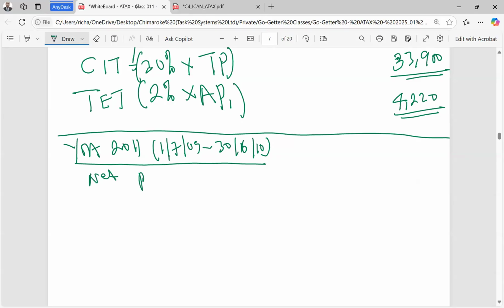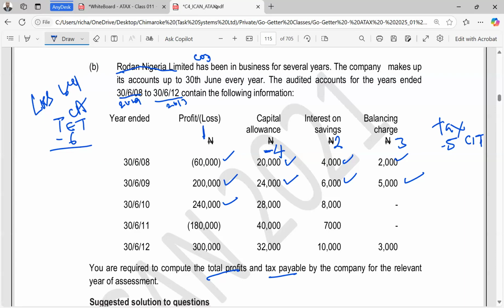So this is net profit. Note here it is not accessible profit because they look at profit and loss. If it is accessible profit, they would have written it. So this is net profit 240.